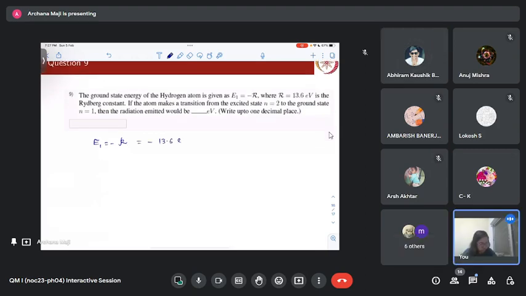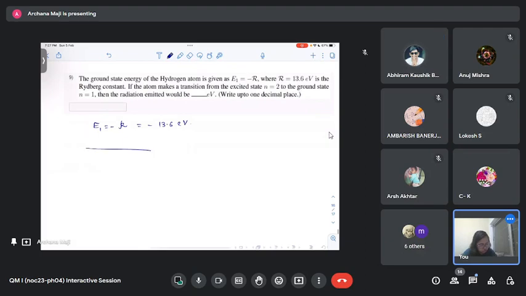So it's minus 13.6 electron volt, and the other one is 13.6 by 4, so the difference is 10 point something. The atom is making a transition from n equal to 2 state to n equal to 1 state, so by that process it is radiating a photon. The energy of the photon is E equal to h nu, and that should be equal to E2 minus E1.